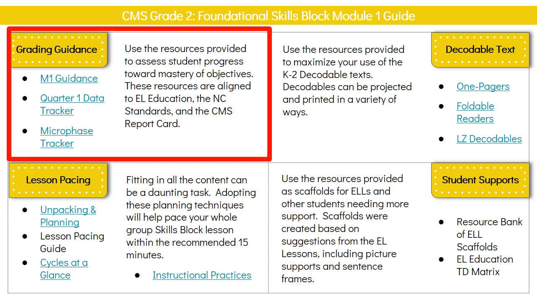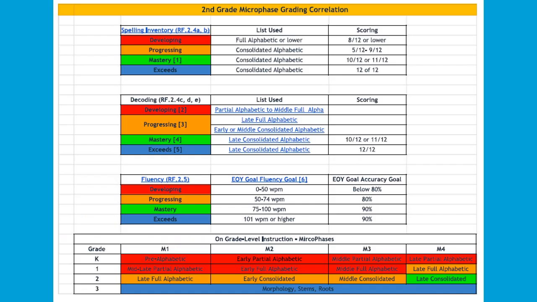First, let's take a look at grading guidance. Like its module counterpart, this section gives guidance on how to assess and record student progress. Grading guidance will be provided on how the microphases correlate to mastery of the reading foundation standards.